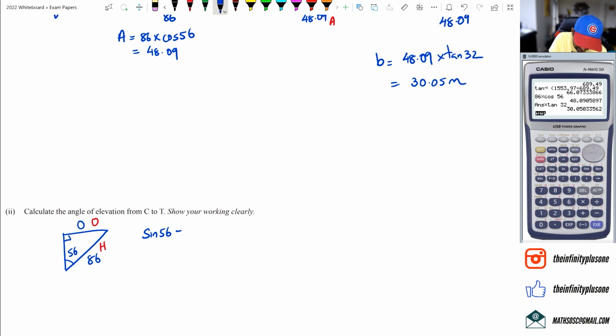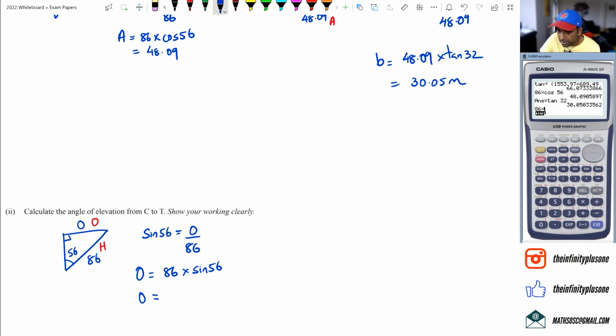So sine 56 is opposite divided by hypotenuse. So opposite is equal to 86 times sine 56. I always do this: 86 times sine 56, which is 71.3.